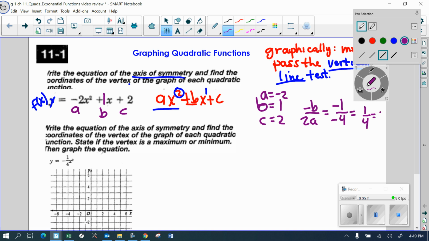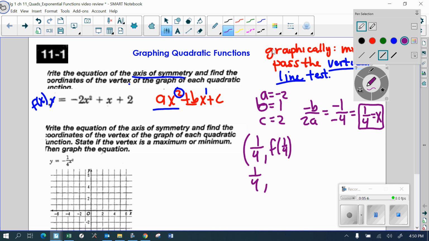So the x coordinate of my vertex is 1/4. Now I've got to stick that 1/4 into the function. So 1/4 comma f of 1/4. I'm just plugging the 1/4 into the function to see what I get. 1/4 squared is 1/16, times negative 2 is negative 1/8, plus 1/4 plus 2.